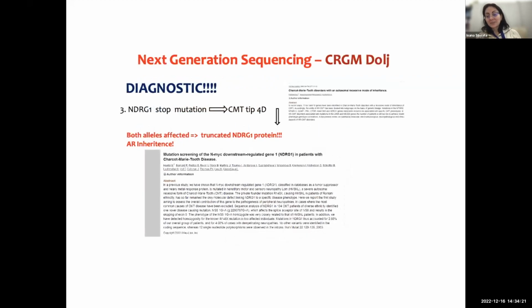A few years later, when we were able to implement the next generation sequencing method in our laboratory, we were able to offer her genetic testing of a clinical exome.